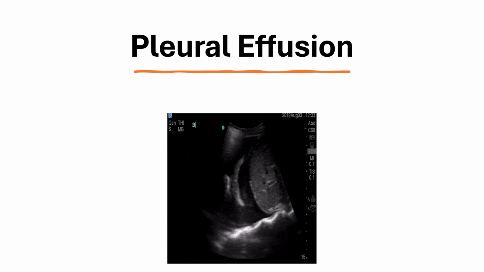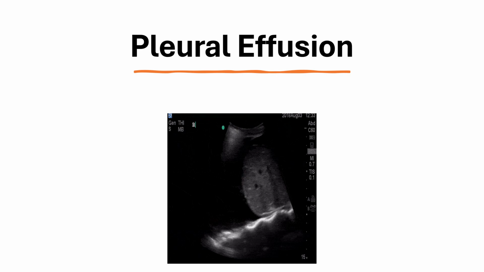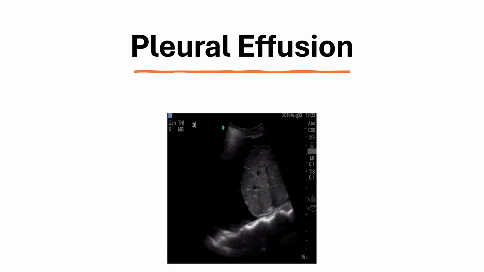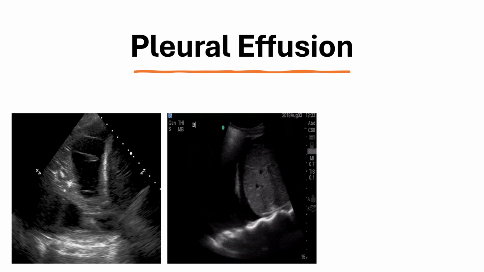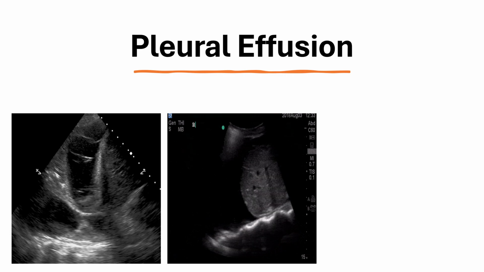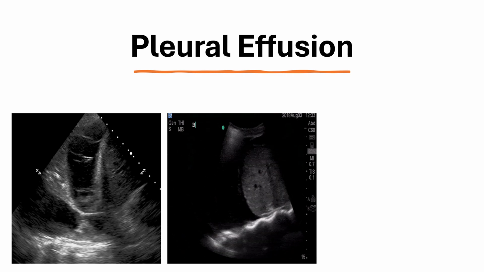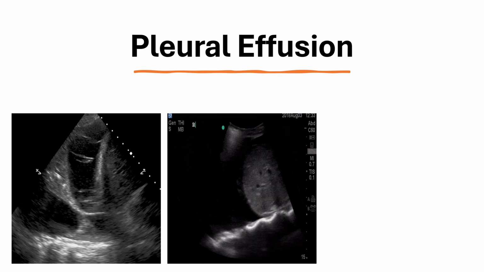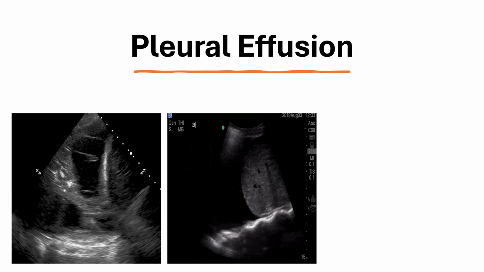You also see the presence of a spine sign, which is the ability to visualize the spine above the diaphragm. Again, presence of consolidation or pleural effusion is usually behind the spine sign. Compare this to this image where you see a consolidated lung and fibrous strands. So this is likely to be an exudative inflammatory effusion. And you also see a spine above the diaphragm.